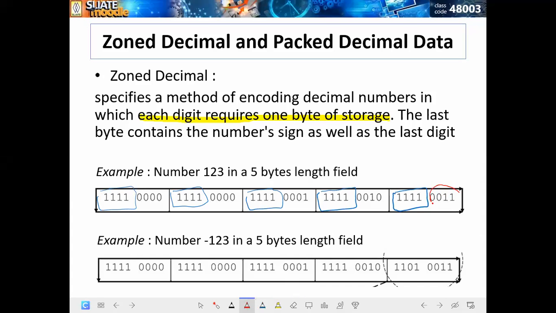We represent the value from here. When you consider one block, the right block within this box, you can see we can divide these digits into two parts, right? First 4 bits represent the zone, the last 4 bits represent the value. So these 4 bits represent the value.